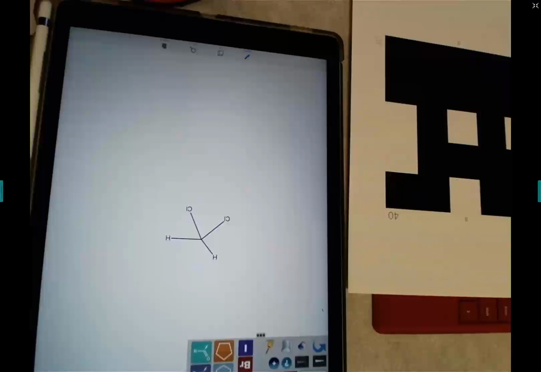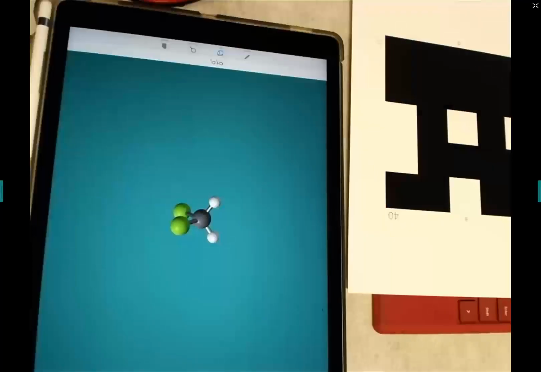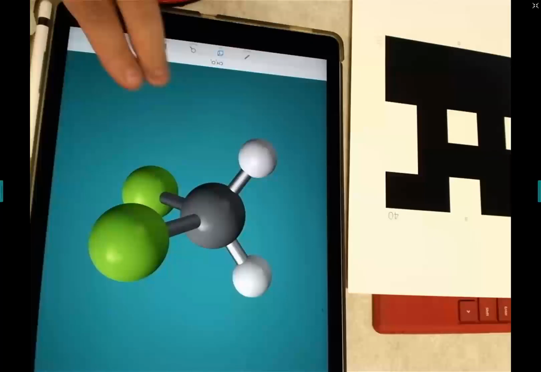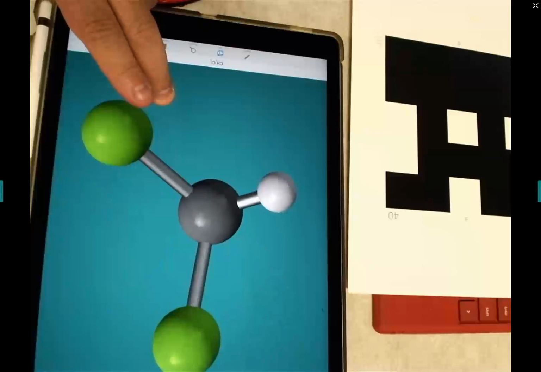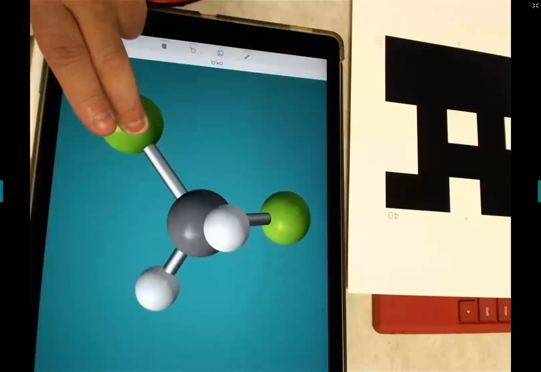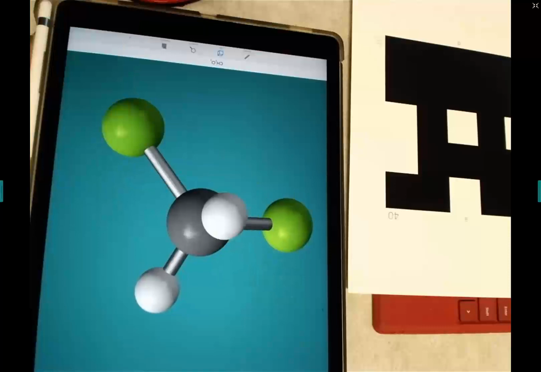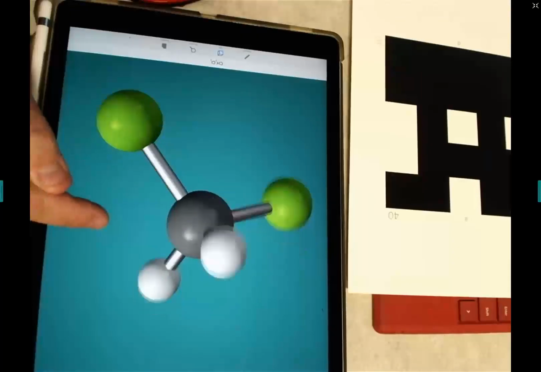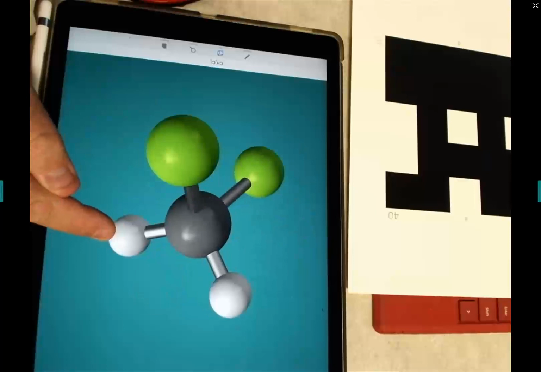Then I want my 3-dimensional picture. So in this case, as I rotate it, it doesn't matter what my orientation is. I can have any of those orientations of chlorines in front, behind, up, any of those combinations, simply by taking this and rotating it, like so.